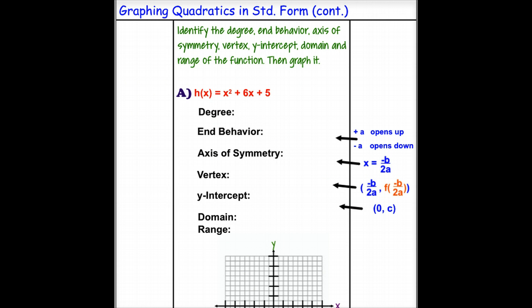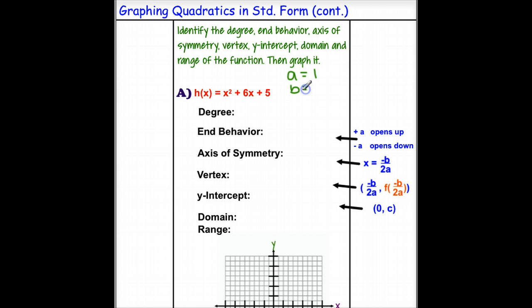So we have here h of x equal to x squared plus 6x plus 5. And the first thing I actually want to do is identify our a, our b, and our c, which will make our lives easier when doing this information. A here is equal to 1.